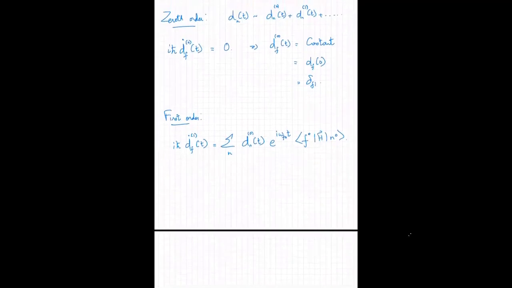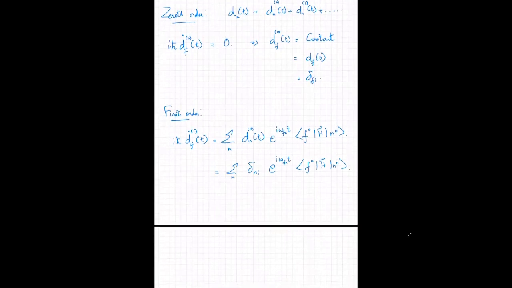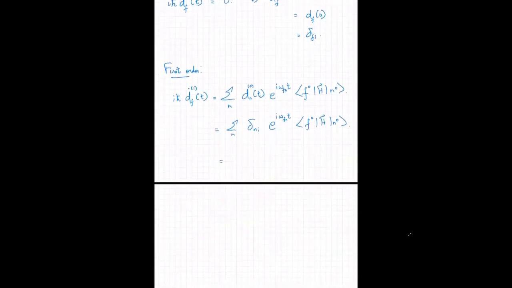So this is the only possibility for the first order term, but dn0 we have already figured out is basically delta ni e to the i omega fn t f0 h tilde n0, right? And this delta function among all these states picks out that particular n for which n is equal to the initial state i. So this I can write as e to the i omega fi t times the matrix element of the perturbation between the initial and final states. Okay.